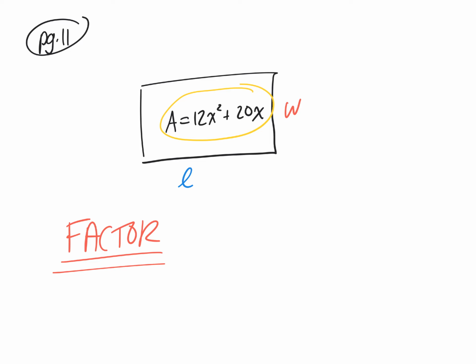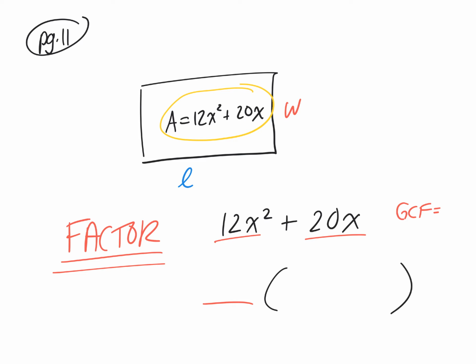Factoring gives you 2 things you multiply together to get to the original answer, right? So if my area is 12x squared plus 20x, I'm trying to figure out what is the greatest common factor, because if I divide it by that, I'm going to get 2 things that I multiply together to get back to the original question.